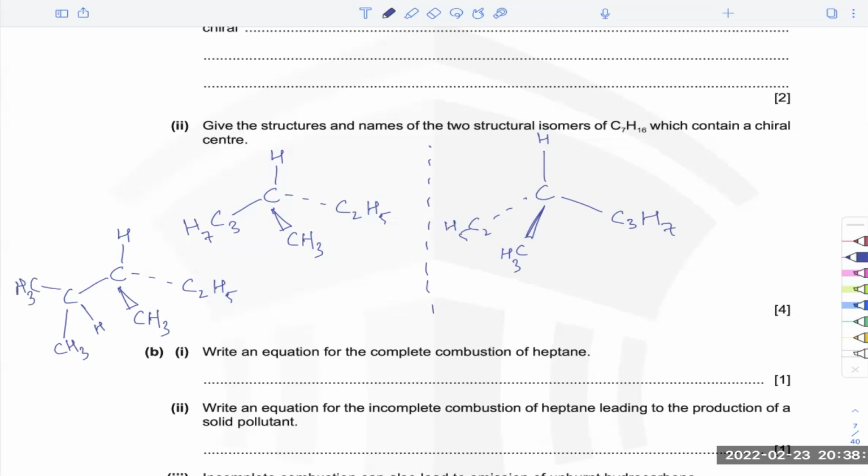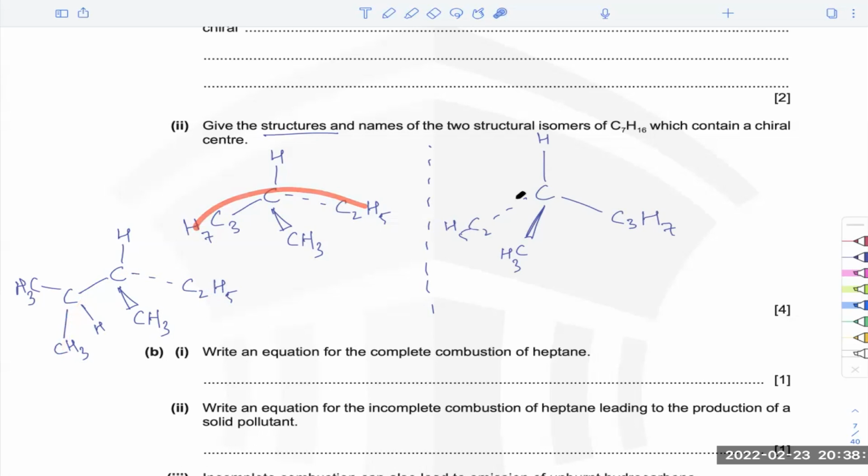Now I've gotten a branch on that side. That's an isomer. I can just draw the structure of this thing if I want. I will start here and just keep on writing this formula.